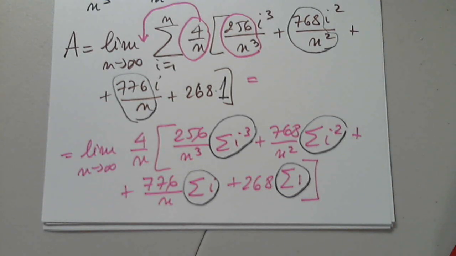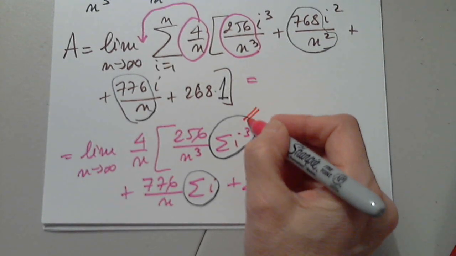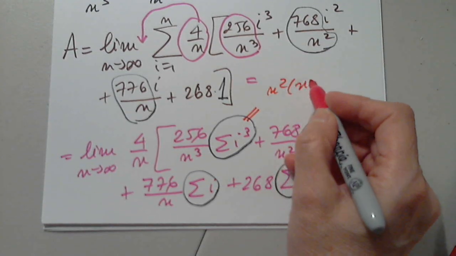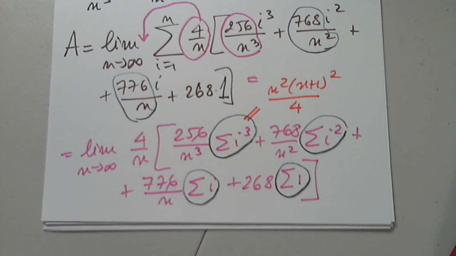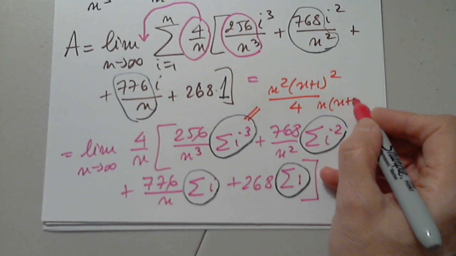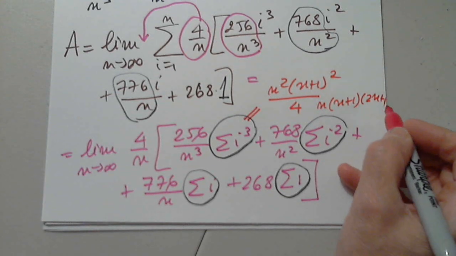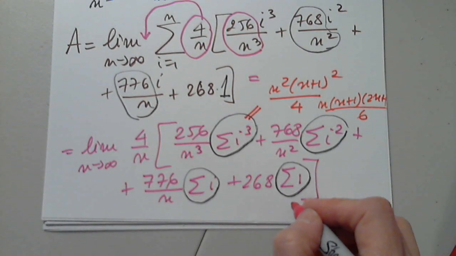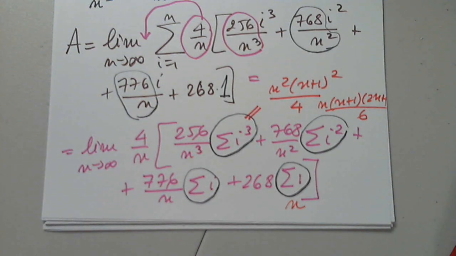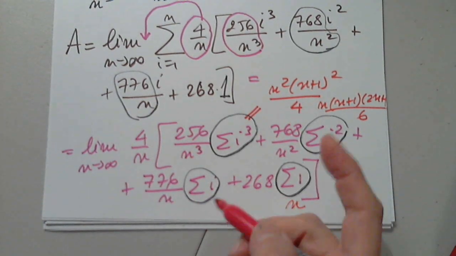Okay. So then, remember, this piece is n squared times n plus 1 squared divided by 4. This piece is the ugly one. It's n plus 1 times 2n plus 1 over 6. This is the nicer one. It's n. And this is okay. It's the same thing but not squared.